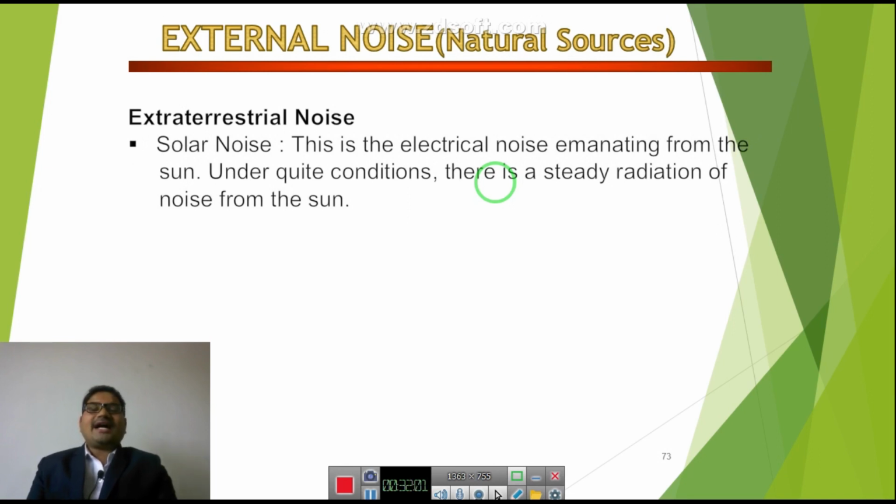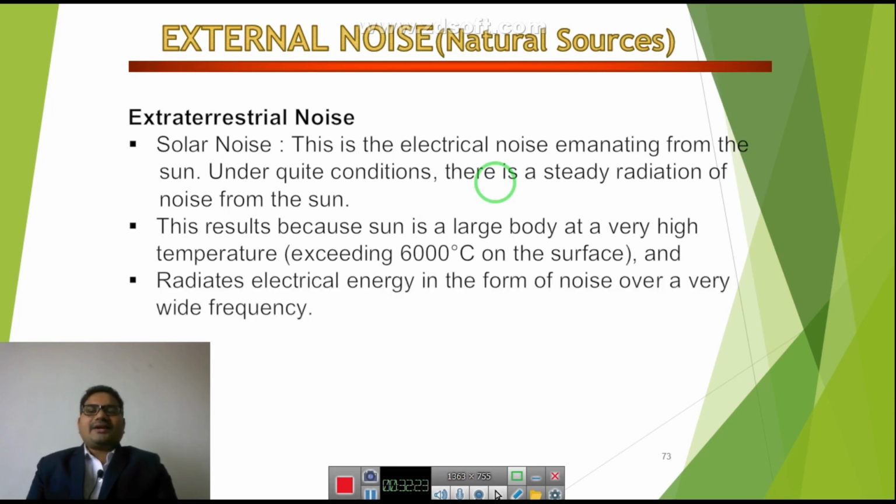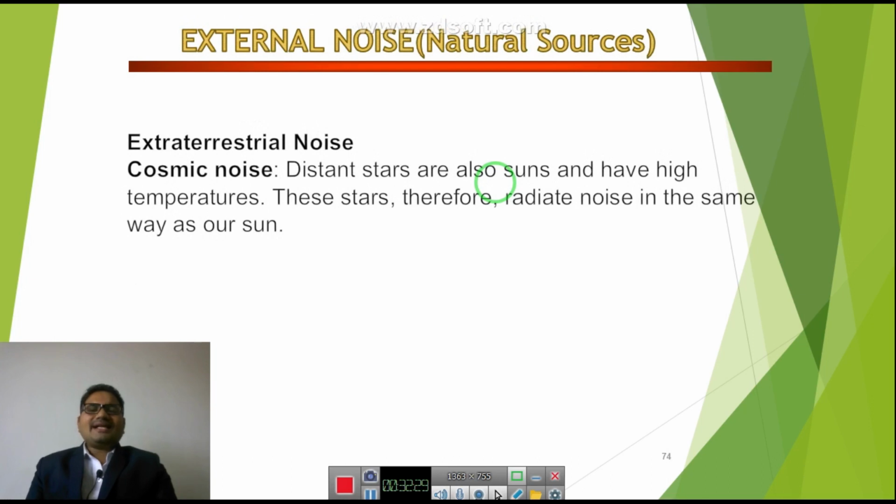Next is extraterrestrial noise. In that, first comes solar noise. This is the electrical noise which emanates from the sun. Under quiet conditions, there is a steady state radiation of noise from the sun, and this results because the sun is a large body at a high temperature, exceeding 6000 degrees Celsius, which radiates electrical energy in the form of noise over a very wide frequency range. Next is cosmic noise.